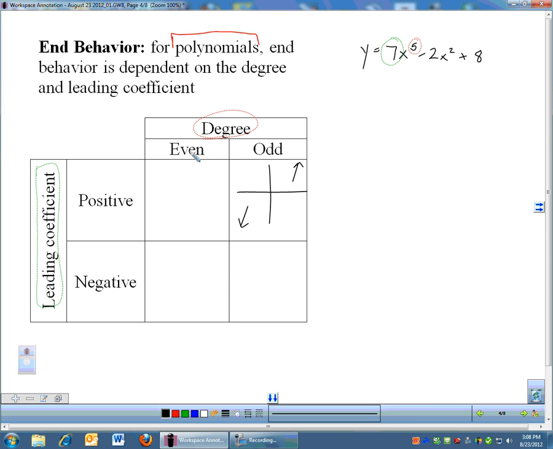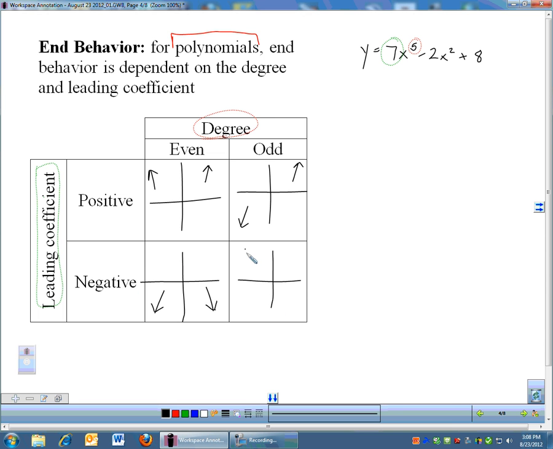If you have an even degree, then both ends point in the same direction. If it's a positive coefficient, then both ends will point up. If it's even with a negative coefficient, they both will point down. And if it's an odd degree, that means the ends will point in different directions.